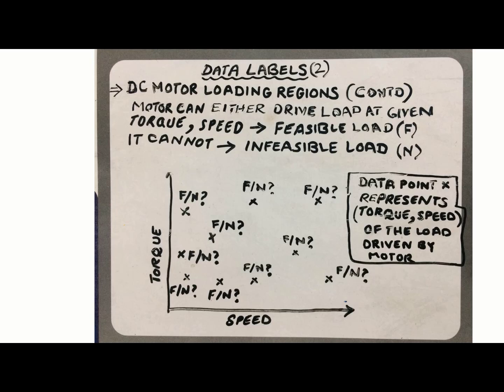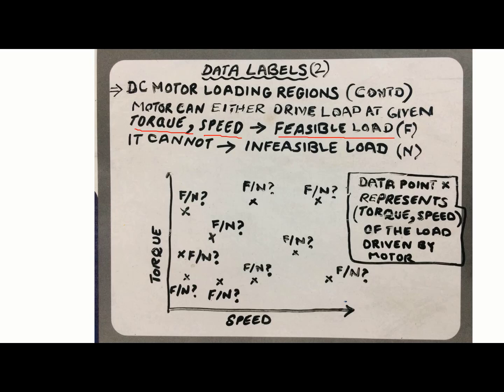In case of DC motor loading regions, you can say whether a given load can be driven by the motor or not. So a given value of load torque and load speed either represents a feasible load, which means that the motor can drive this load, you can run your motor at the given torque and the given speed.